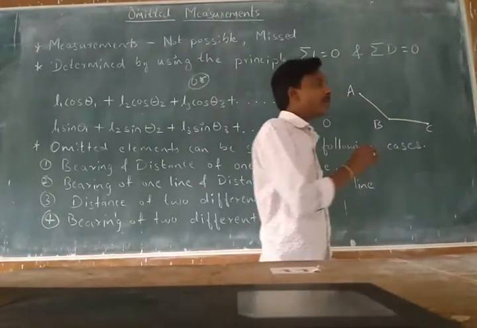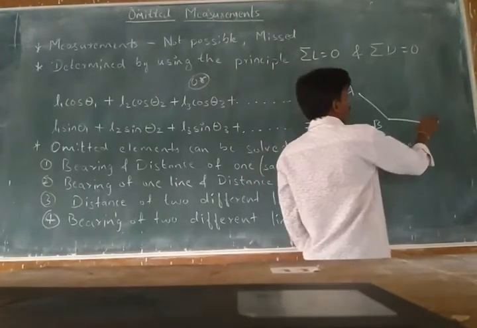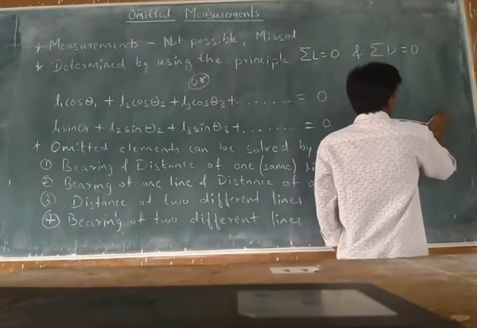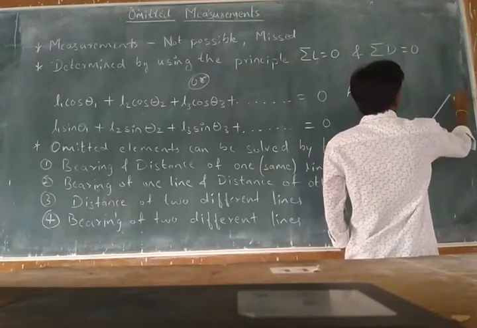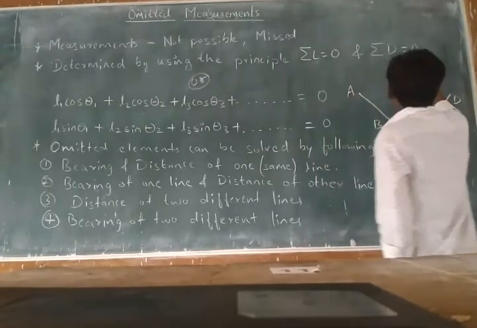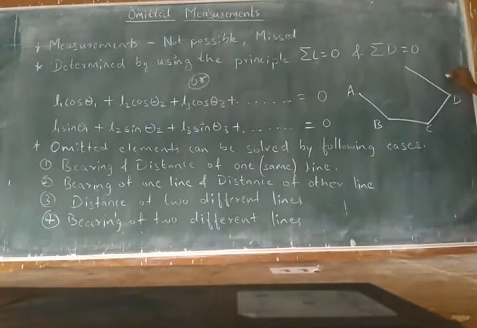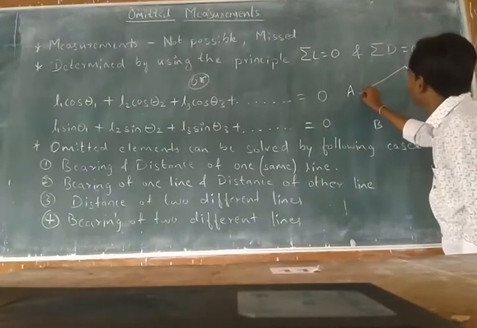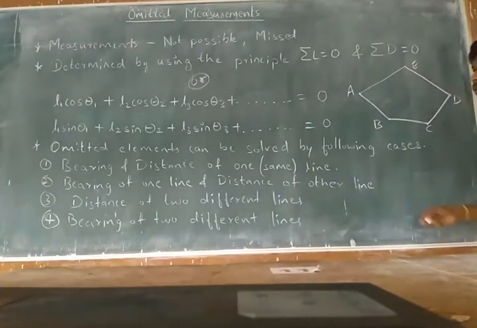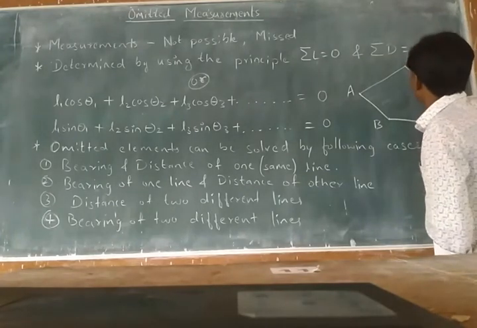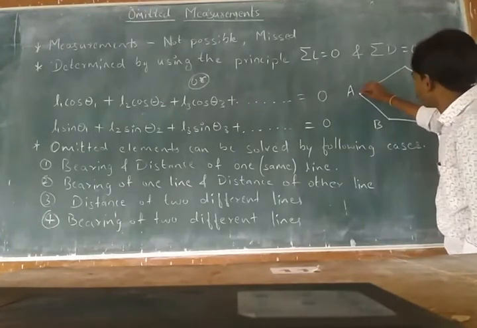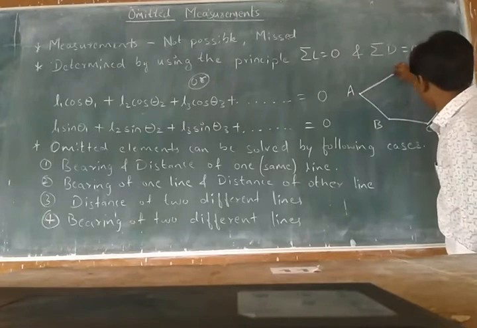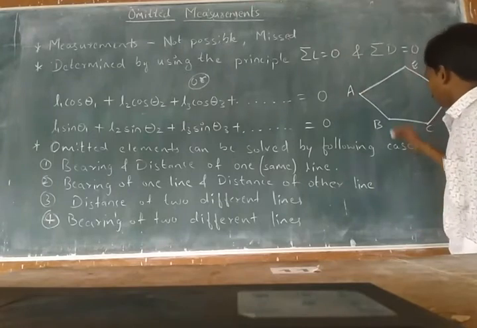It's just an example. Next you will move towards D, then E, and then you have to move back to A. So from E you are going back to the first station.